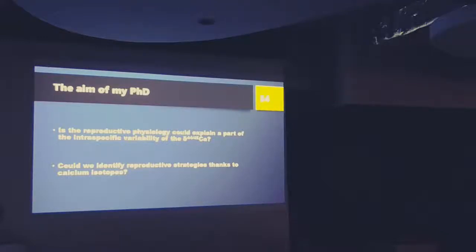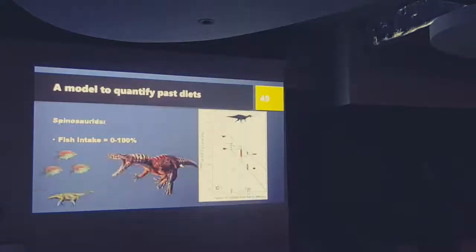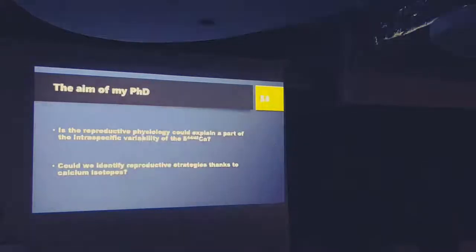And so the aim of my PhD is to understand if the reproductive physiology could explain a part of the intra-specific variability of calcium isotopes, because you saw that inside a species there is some variability of isotopic composition, and so a part of this variability might be due to the reproductive physiology. The main question is: could we identify reproductive strategies using calcium isotopes?